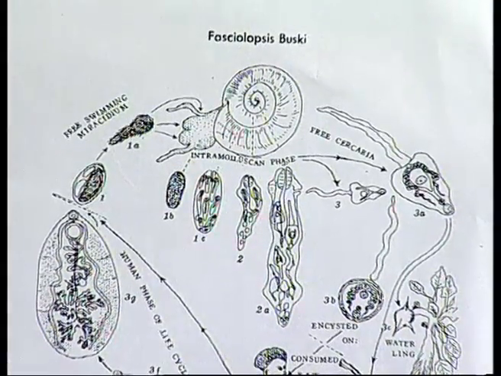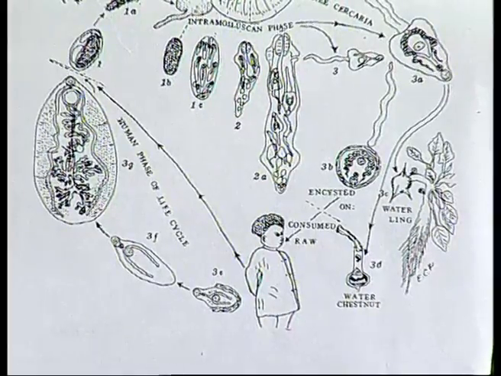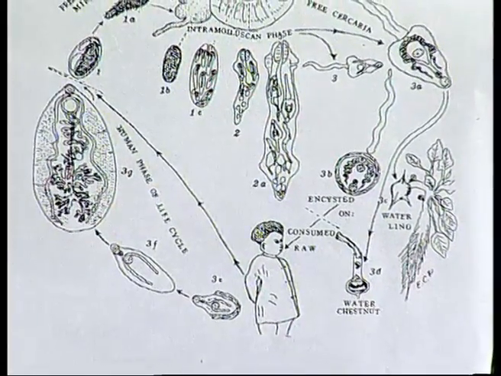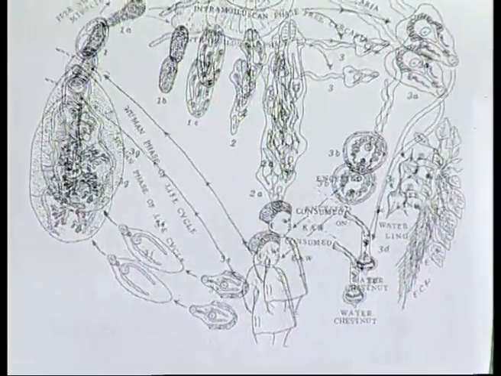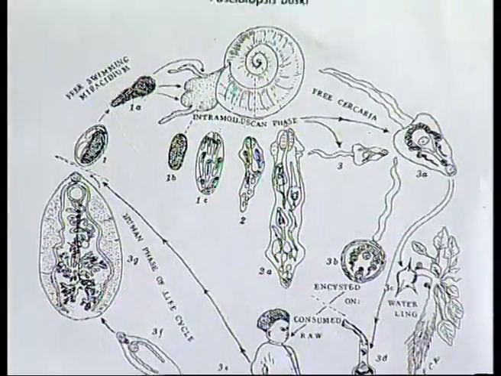When a human being or an animal takes this infested chestnut, they get the infection of these trematodes, which develop into adults and go on producing the eggs and producing toxic effects in the animals and man. So we come to the conclusion of today's topic. Thank you very much.